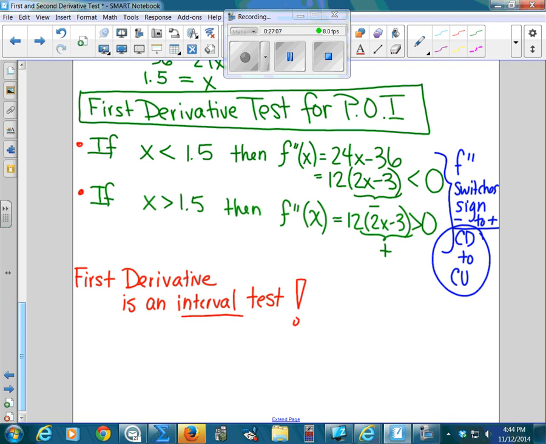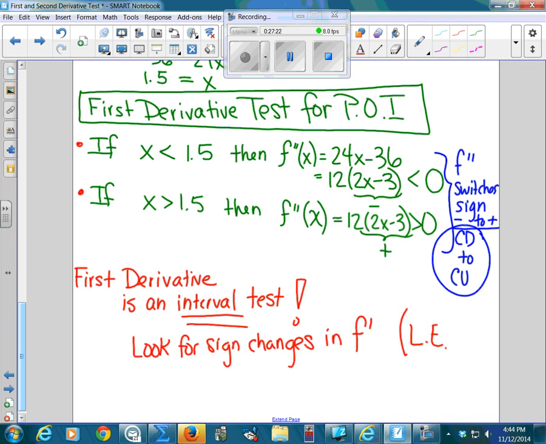You test left and right. Look for sign changes. If you're looking for local extrema, you look for sign changes in f prime. If you're looking for points of inflection, you look for sign changes in f double prime. That's about it, and it should make a lot of sense because you know what the derivatives tell you.